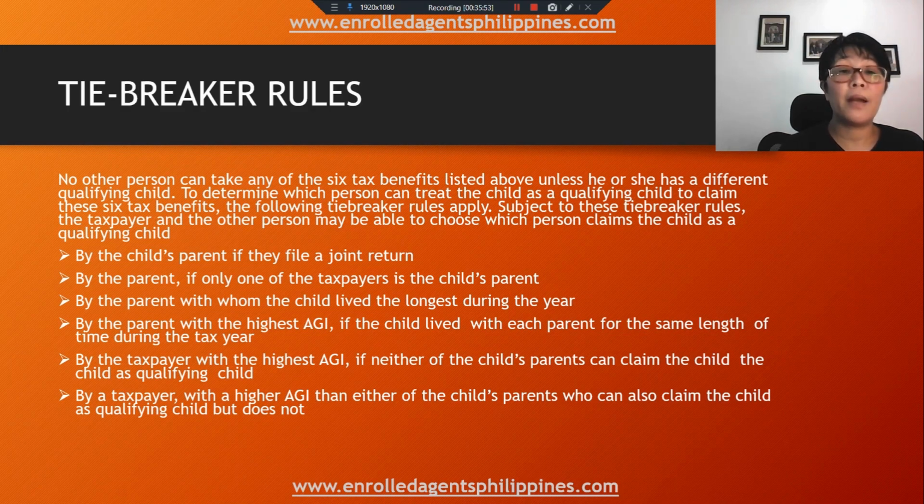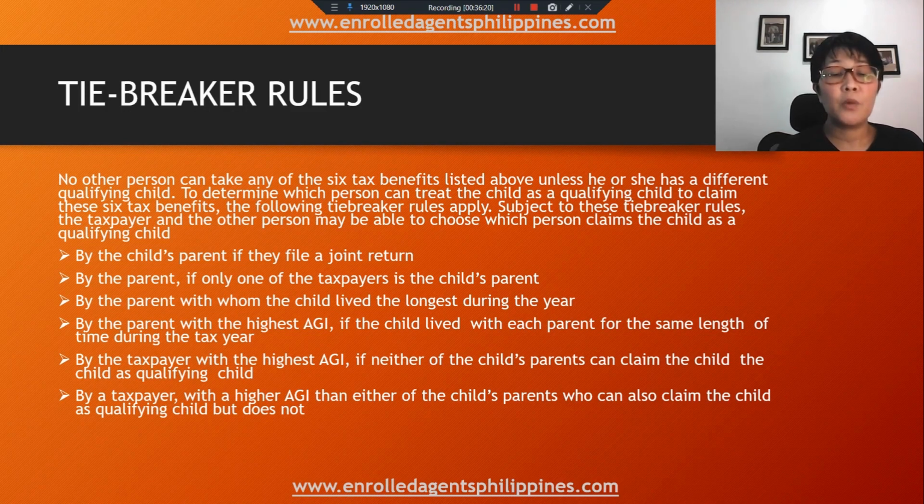Number 4, by the parent with the highest AGI, or adjusted gross income, if the child lived with each parent for the same length of time during the tax year. So, kumbaga parehas na tig-6 months. Kung sino yung mas mataas yung income or mas mataas na AGI dun sa parent, okay, siya yung pwedeng mag-claim dun sa qualifying child na yon.